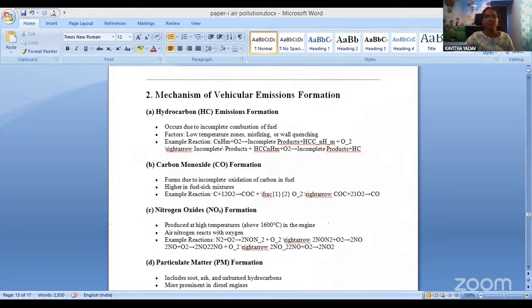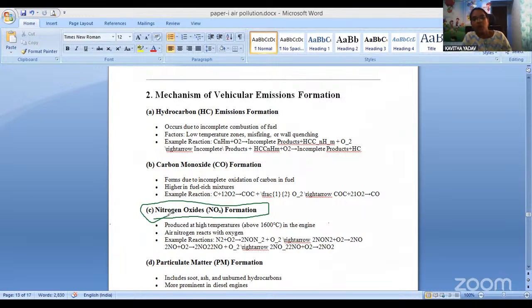Nitrogen oxide formations. These are also one of the most important ones, produced at high temperatures.